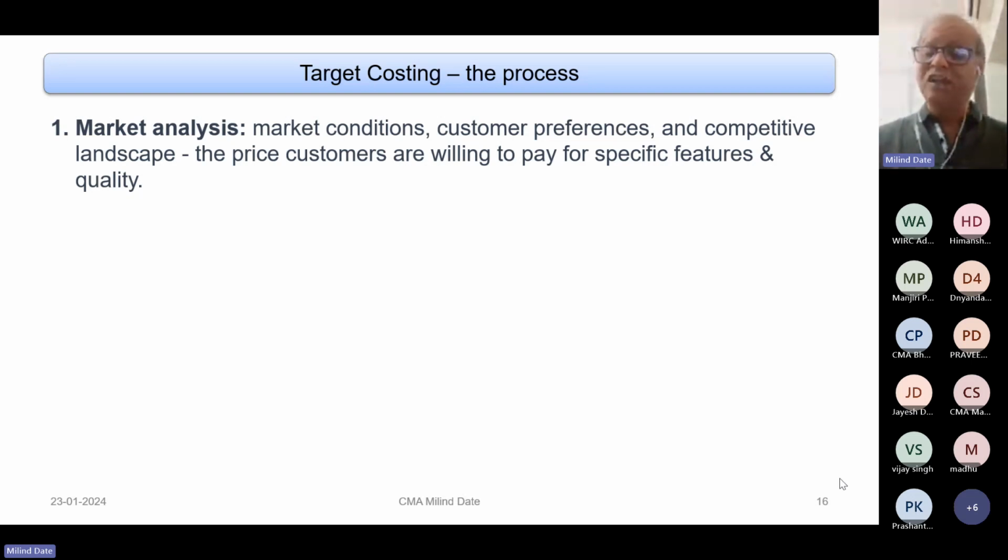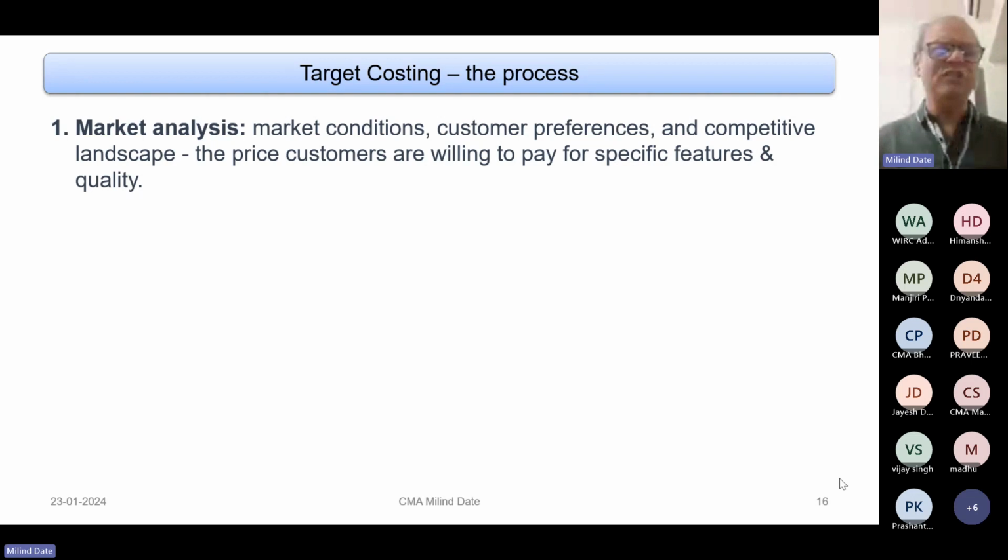Are you going to disrupt the existing market by introducing a totally innovative product? And of course, a judgmental call will have to be taken. Nobody will come and tell you, okay, this is the price that the market is ready to accept. No, you have to take a judgmental call based on the data that you collect, the price that customers are willing to pay for the various features as well as the quality of the product.